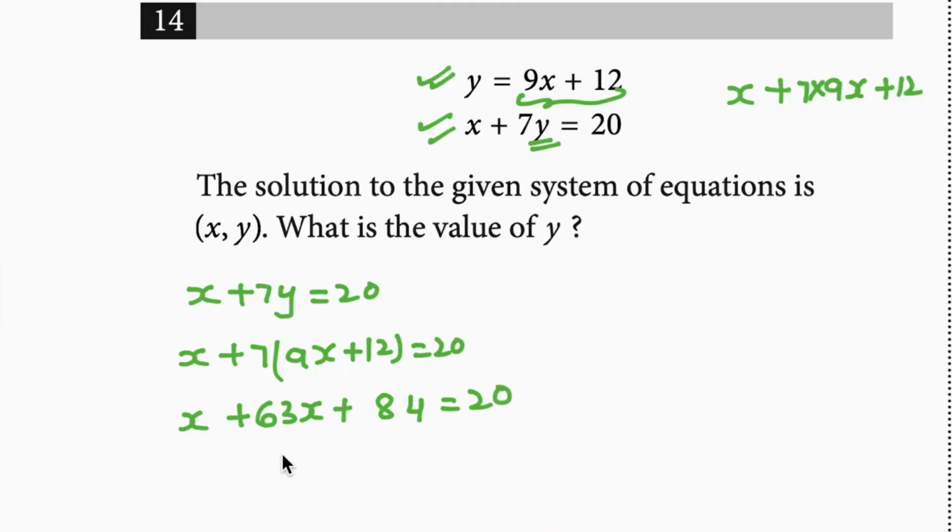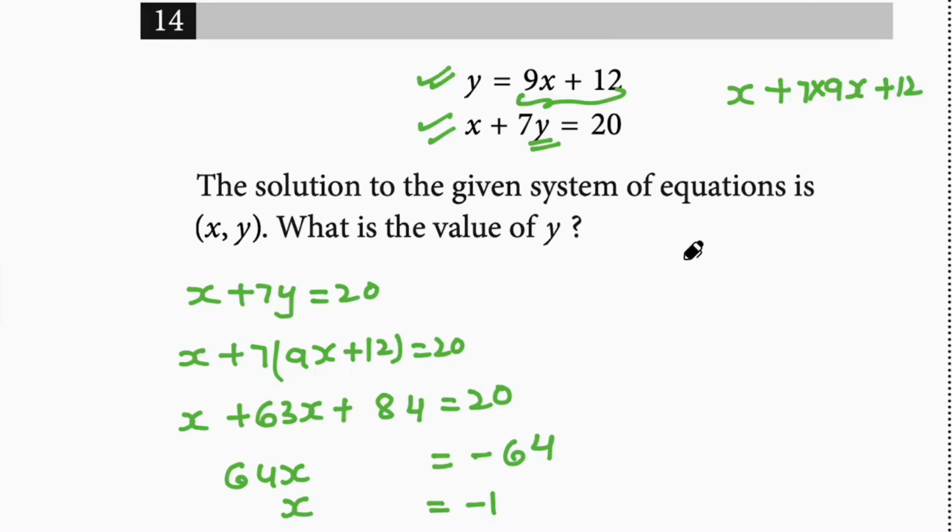Because I'm not using a calculator, I'm doing it orally. So 64x is equal to 84 minus 20, that's negative 64. Dividing by 64 on both sides, x is equal to negative 1.